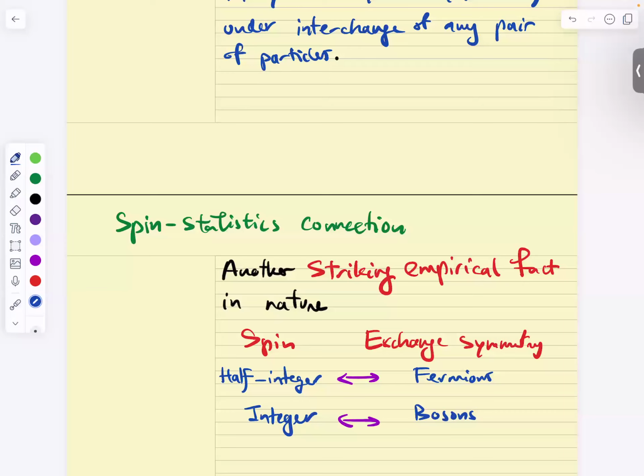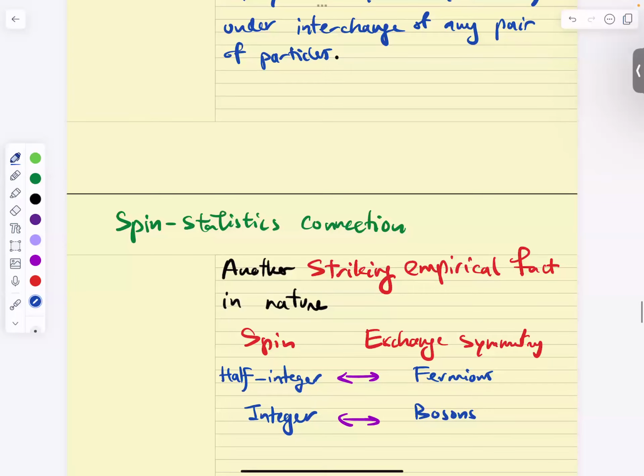Then you shift both of them this way. The reason I said go around 2 pi is that there's a reason for that. I'm not talking quantum field theory.